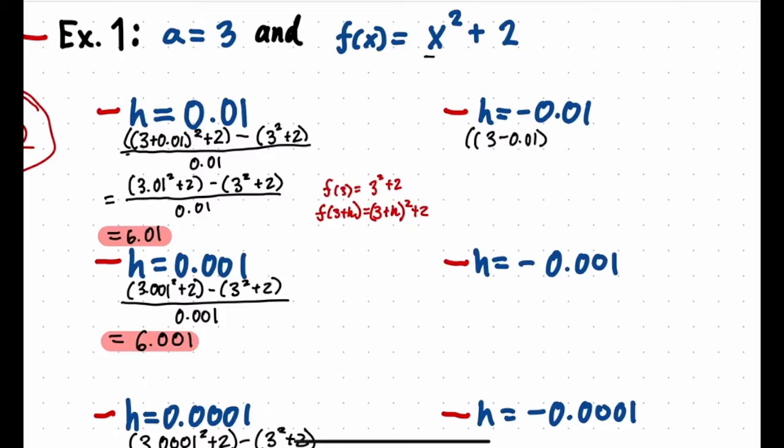And then right here we can see it's squared plus 2 is the equation that we're using, minus that still same f of a, 3 squared plus 2, right?